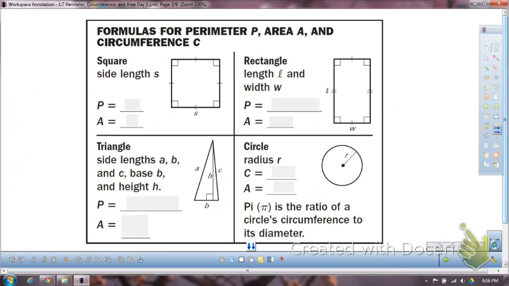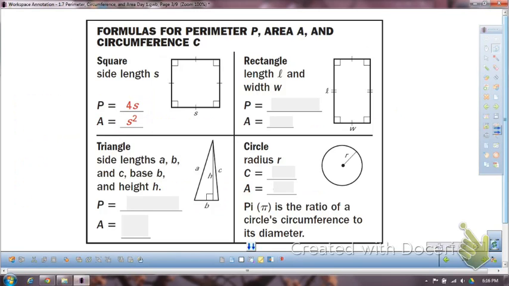So you need to remember that the perimeter of a square is actually 4s. Okay? And the area of a square, it's length times width actually, but it's a little easier for a square. It's simply side squared.